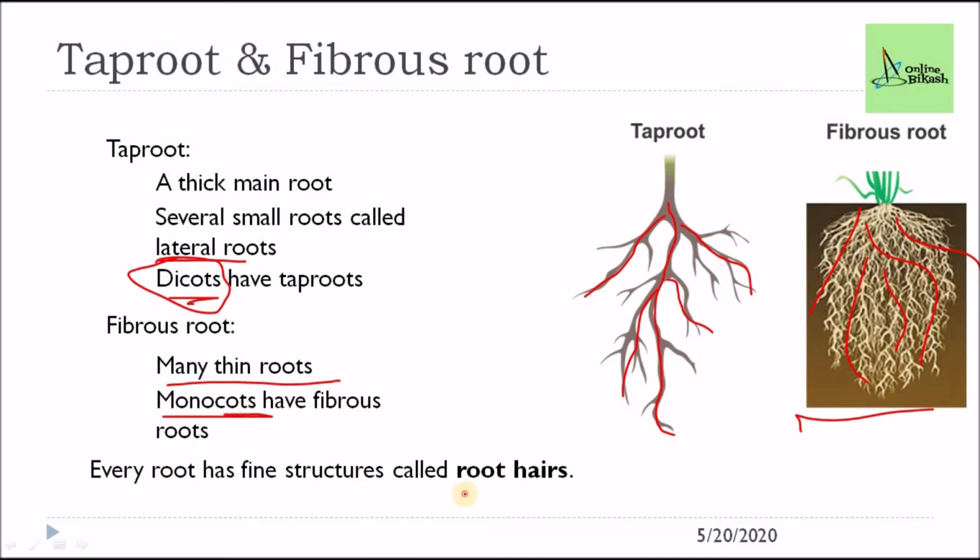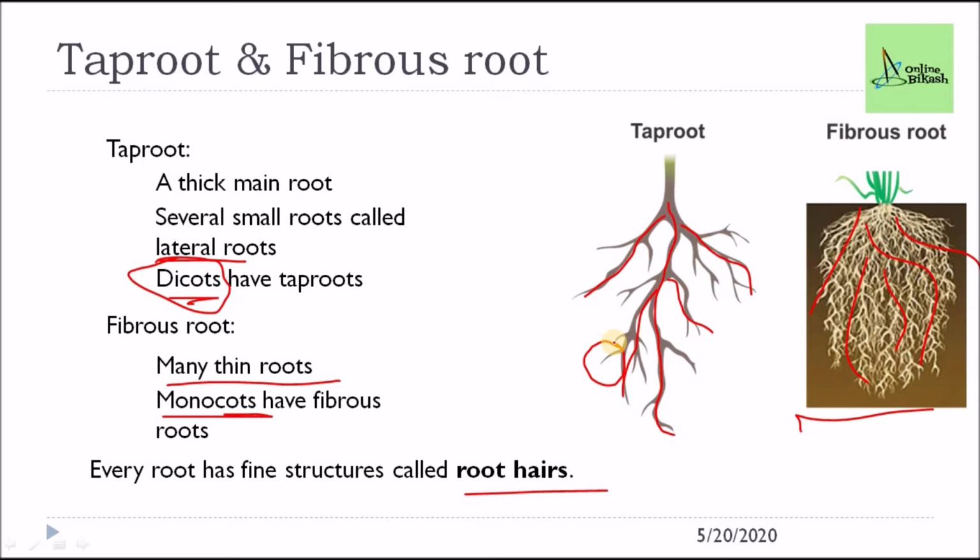So what is root hair? You try to understand this. Here in this figure you cannot see the root hairs. Suppose you take this part of a root. If you watch this part very closely, then you may notice some hair-like structures. In our hands and legs, we have hairs.